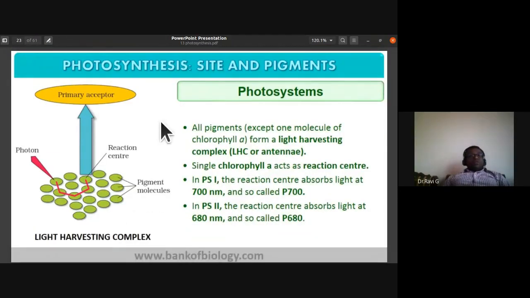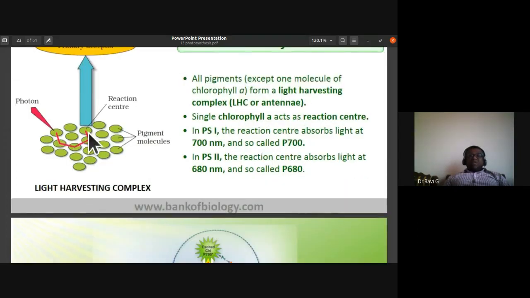In photosystems, all pigments except one molecule of chlorophyll A form a light harvesting complex, LHC, which we also call antennae. The single chlorophyll A acts as the reaction center.